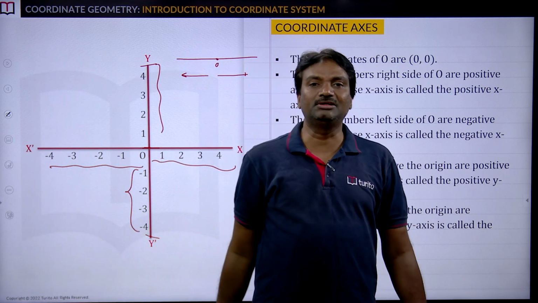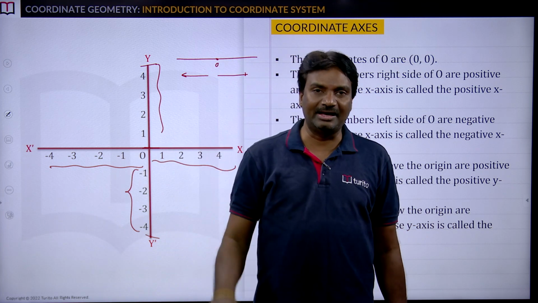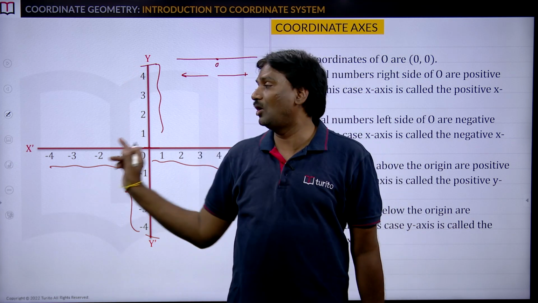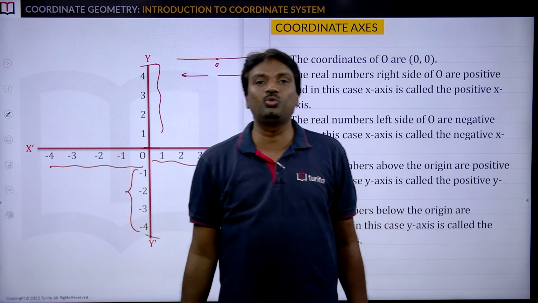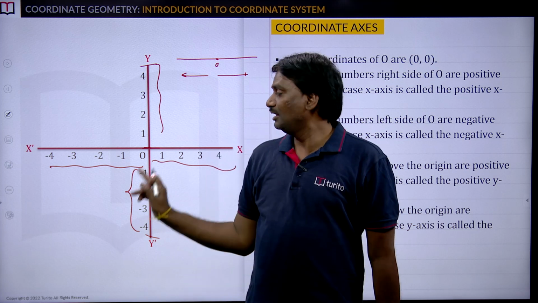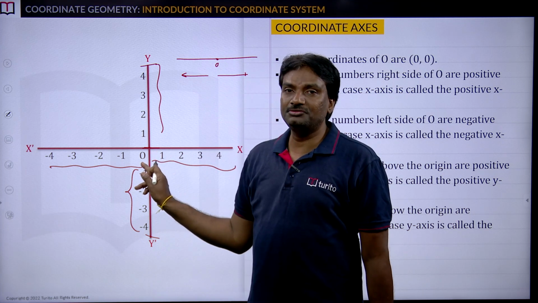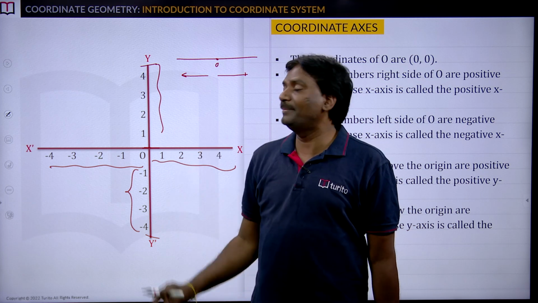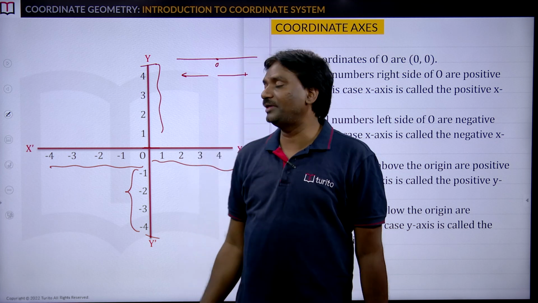So we have discussed what the x-axis and the y-axis are. The horizontal line is the x-axis, the vertical line is the y-axis. Vertical line means perpendicular to horizontal. The point of intersection of the x-axis and y-axis is known as the origin, and that is denoted by capital O. The coordinates of the origin are 0 comma 0. With respect to this 0, all the numbers to the right of 0 are positive real numbers, and this part is known as the positive x-axis.